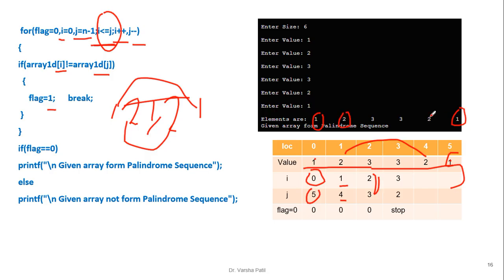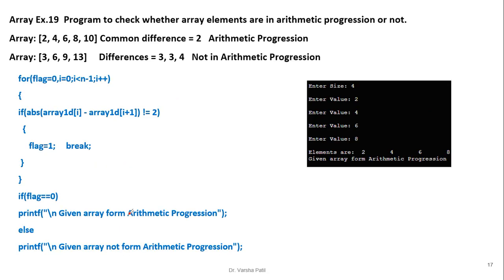This is i, j decrement, this is j, match, yes. Then i and j, match, yes. After that we don't want to check. That's why it is i less than or equal to j. Because next time unnecessarily we would move into the loop. If flag equal to 0, it is a palindrome sequence, otherwise not a palindrome sequence.